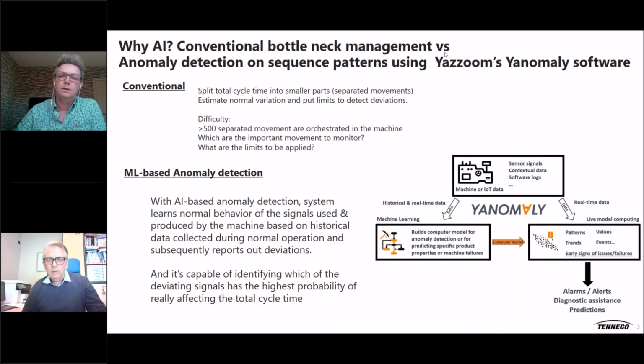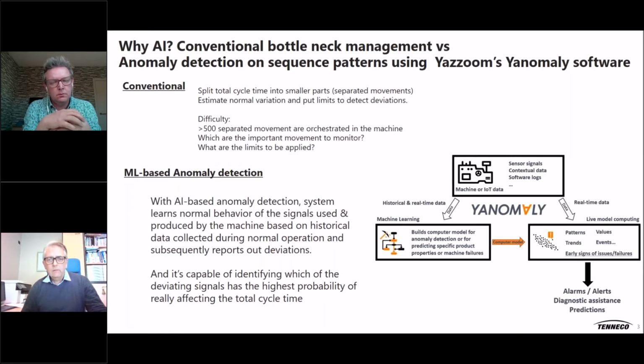That is typically using AI algorithms that learn from historical data how the system, in this case a production line, operates in normal operating when it's at good speed, and then subsequently detects deviations from this way of good operation and alerts people about these deviations by raising an anomaly score which goes high.